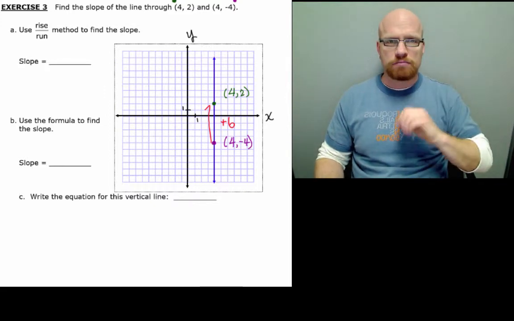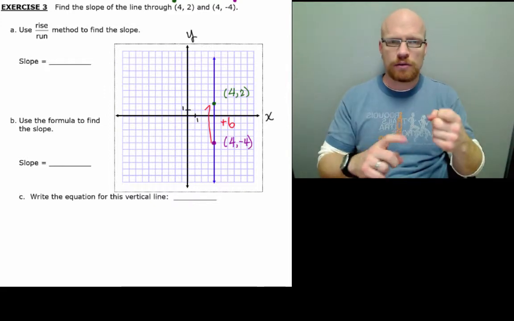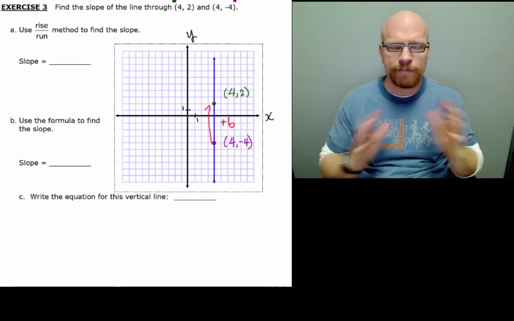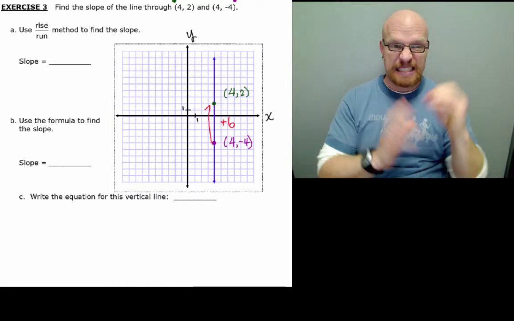But I have no run, no this way or this way. So that's going to mean 0.